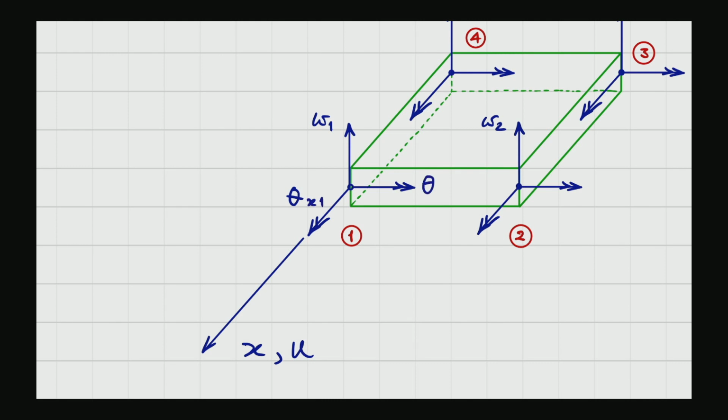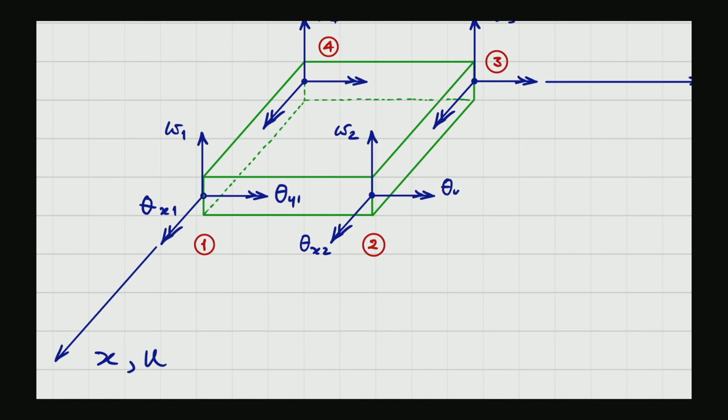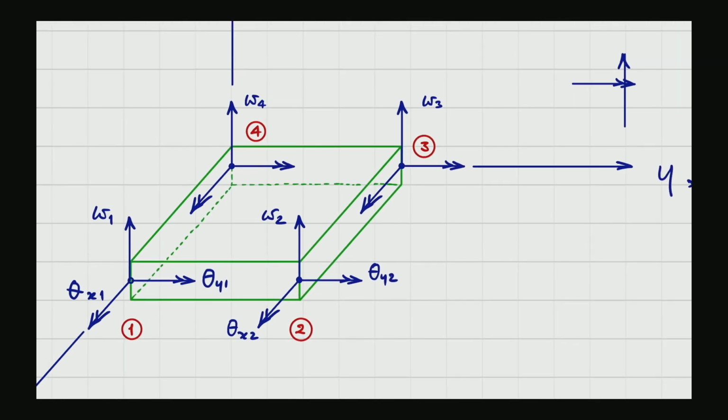Likewise for this one here, theta y1, and then theta x2, theta y2, theta x3, theta y3, theta x4, theta y4.